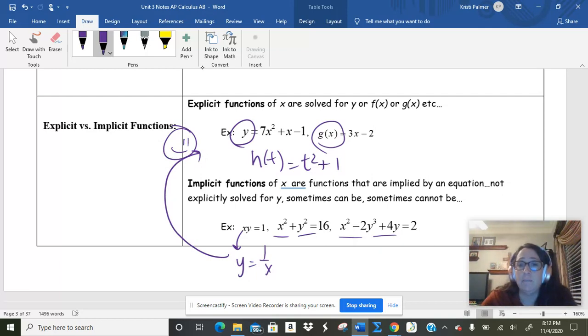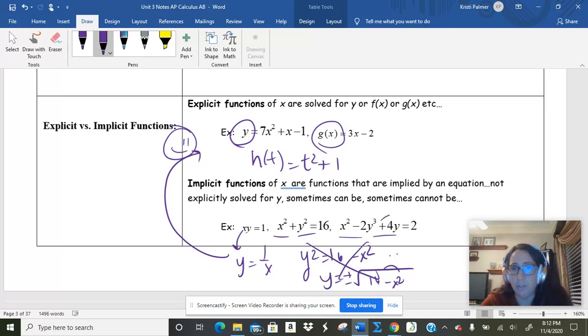But a lot of times, like here, if I went and tried to solve for that y, I'm going to get two functions. Okay, we don't want that. And here, I challenge you to go try to solve for that y in this function. Okay, so this is not something that we can easily get into a y equals.